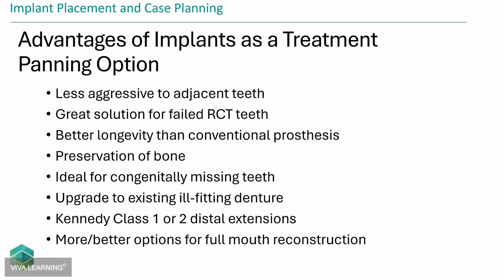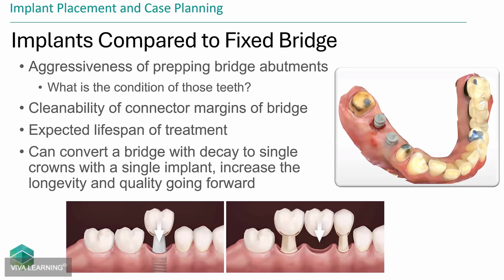We talk about Kennedy class 2 distal extensions. We don't have really any good crown and bridge options for those people. And when it comes to full mouth restorations, we can pick and choose where implants are good and where they might not be as ideal. It gives us way more options than we used to have.